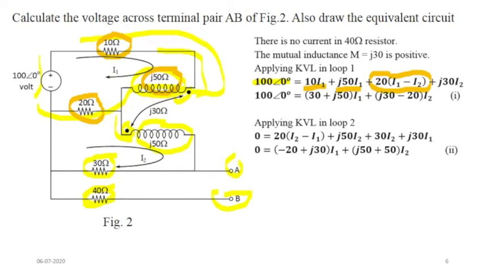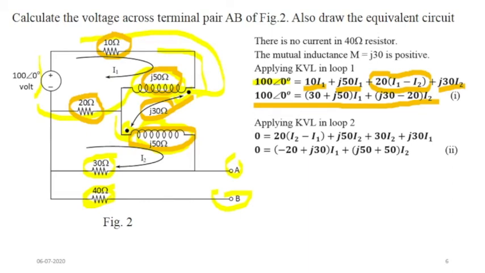Now we also need to consider the effect of this mutual coupling J30, as we discussed that the status of M is positive. So J30 into I2 will be written, because the current through this J50 ohm is actually I2, and therefore this term J30 I2 is written over here. And finally we have rewritten this equation by collecting the terms of I1 and I2.